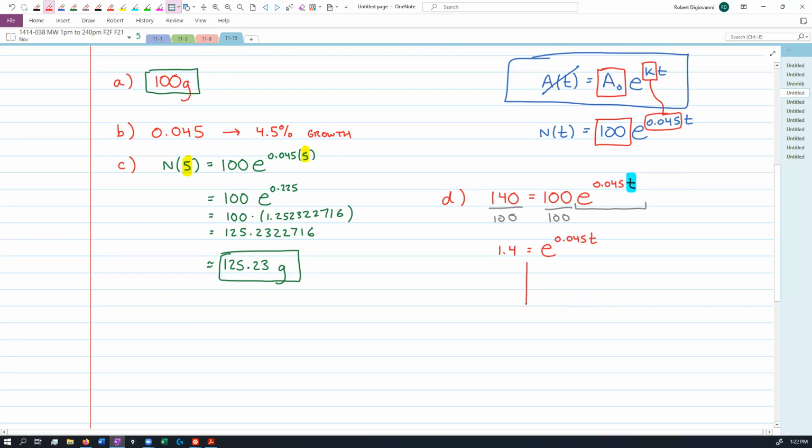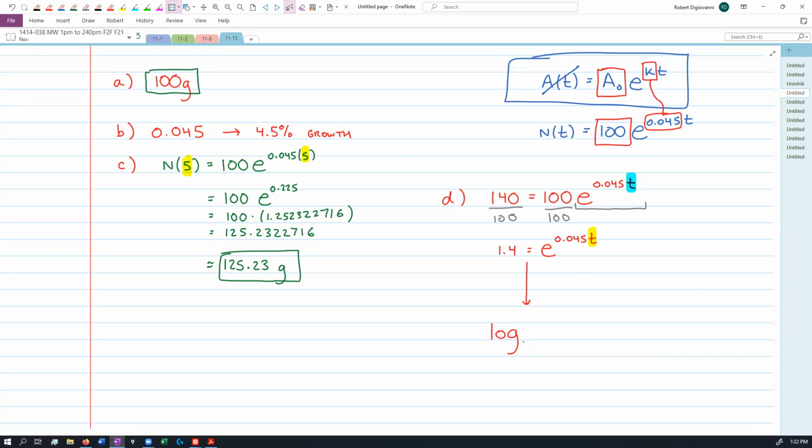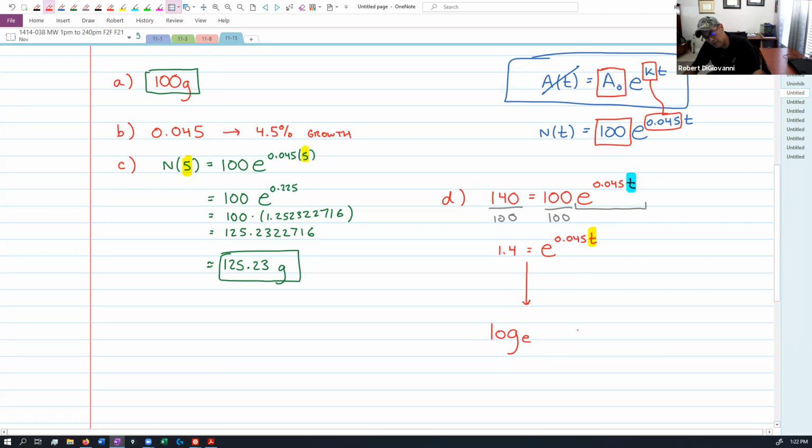Would that be the circle? Yeah, we're going to create the log from this, because the thing we're trying to solve for is up here. So I'm going to put log, what's the base of this log? E. E. And then equals over here.